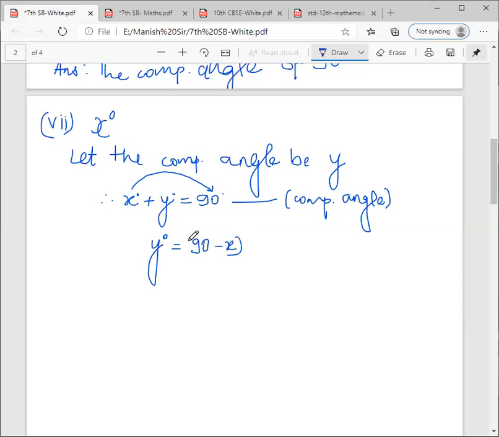We can't do anything more right now. So 90 minus x becomes the complementary angle of angle x.